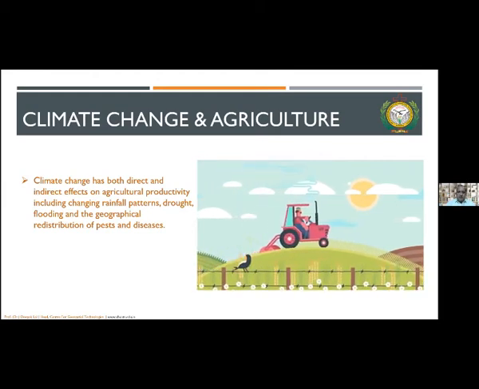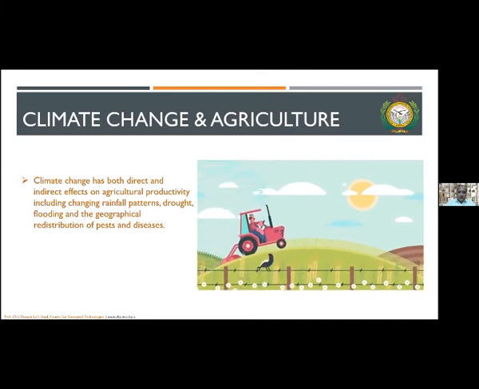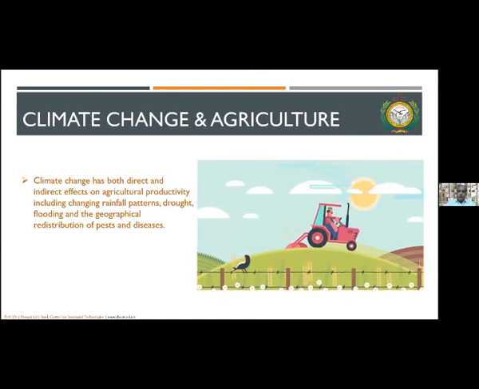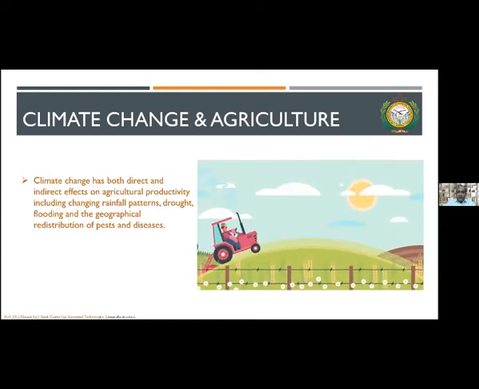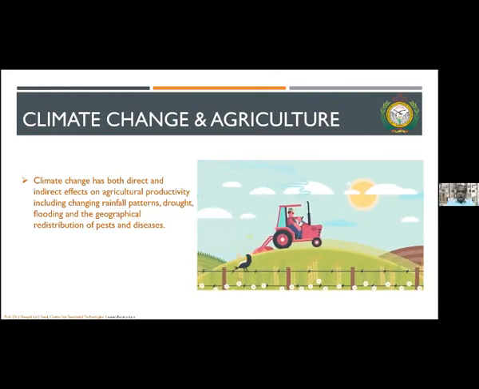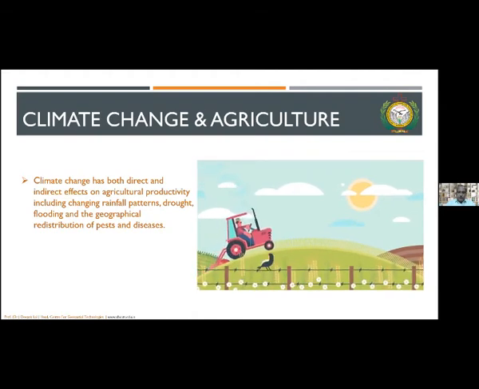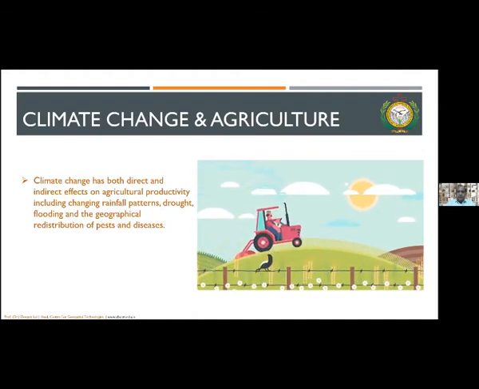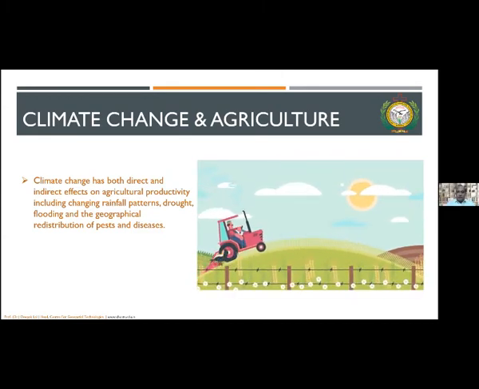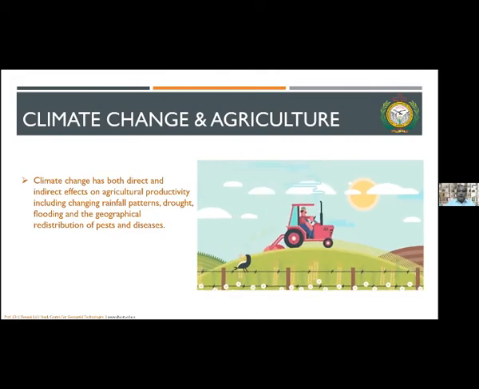Okay. So this is something which will always hamper agriculture. Especially that agriculture which is dependent on rainfall. Okay. Rain-fed agriculture. Because when the rainfall patterns are changing, it becomes very hard, because there are many farmers around the world, and especially in India, who are dependent on rainfall, who have lesser means of their own irrigation system.